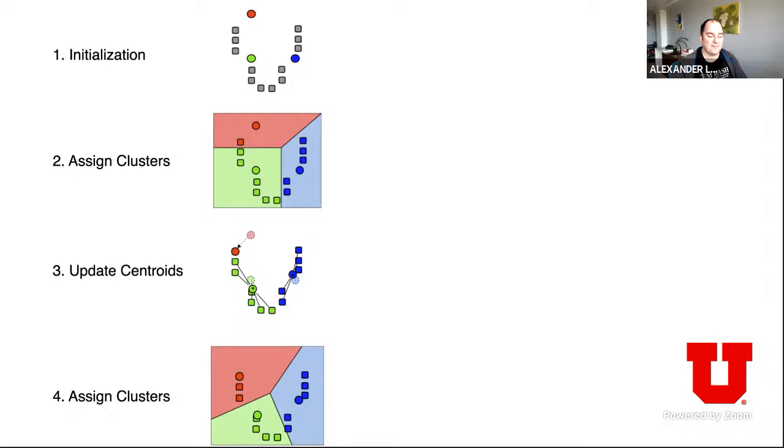So now 2 more points move into the red cluster here. If you were to continue this, it doesn't necessarily mean that this would give you a good result, but you could continue this algorithm and you would get something that is maybe reasonable.